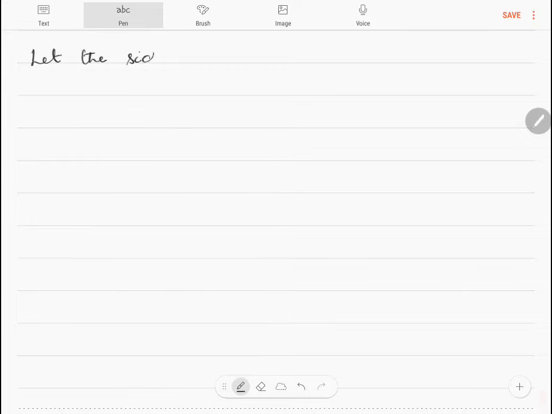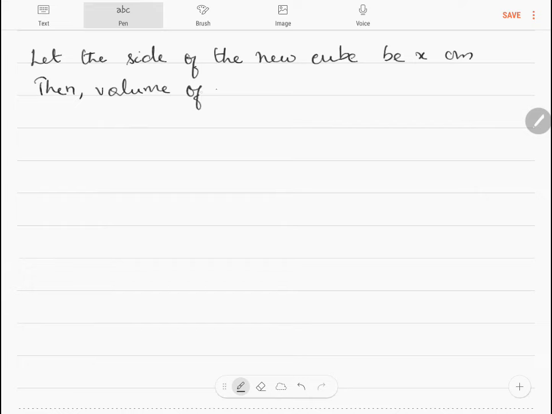Let the side of the new cube be x centimeter, then the volume of the new cube is x cube centimeter cube.